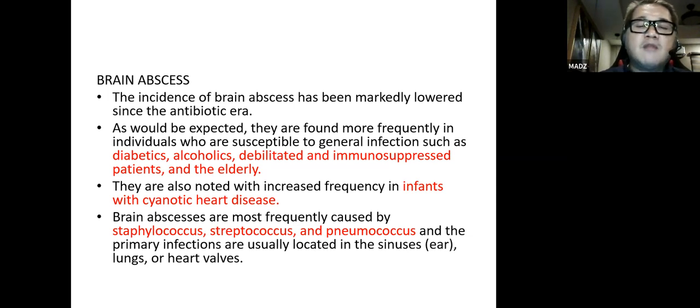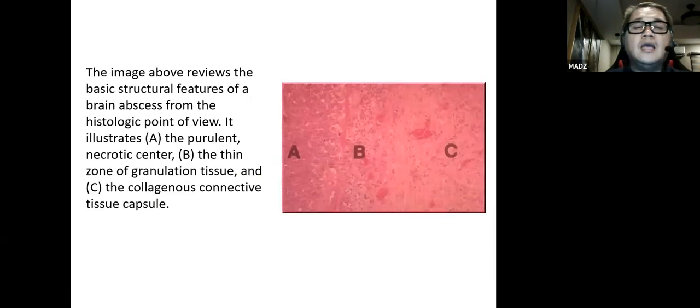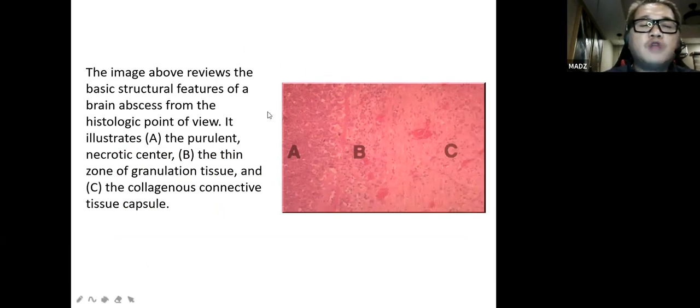So brain abscesses are most frequently caused by Staphylococcus, Streptococcus, or pneumococci, and the primary infections are usually located in the sinuses, the ears, likewise the lungs, and the heart valves. This picture shows the basic structural features of a brain abscess from a histologic point of view.